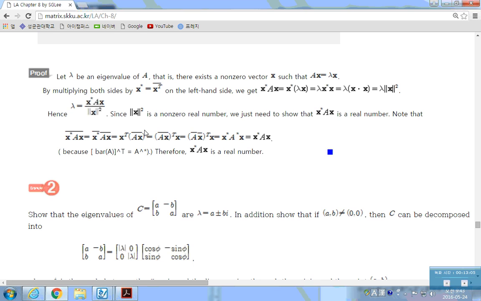And we know this is a 1 by 1 scalar, so the transpose of this is the same as itself. So take a transpose of this, which is this. You can change it, and this can be written in this way.